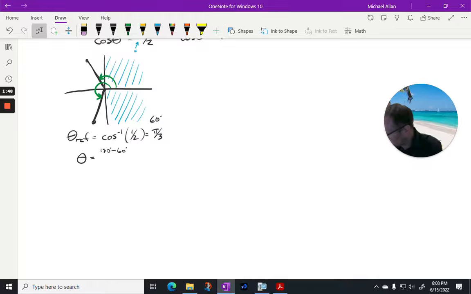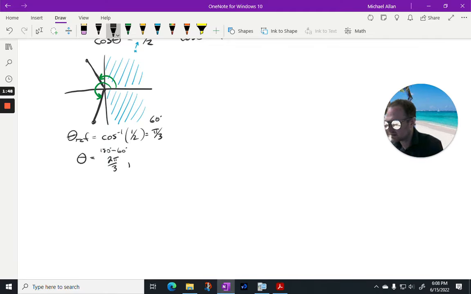What's 180 minus 60? That's 120, right? So that's 180 minus 60. So that is 2 pi over 3. But this is not my answer, right? This is just within the first domain, so we're going to have to write out something later on.